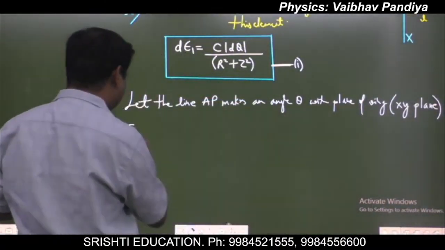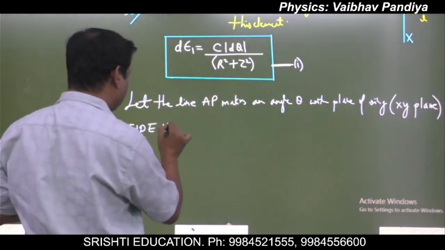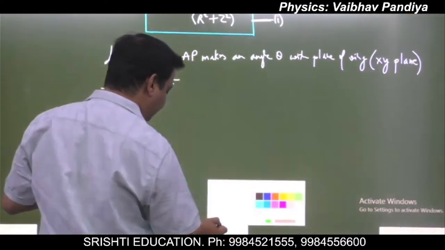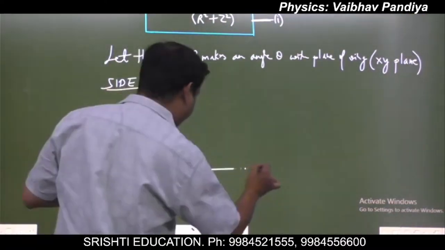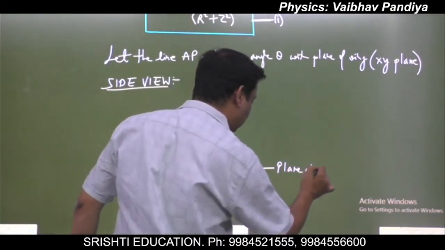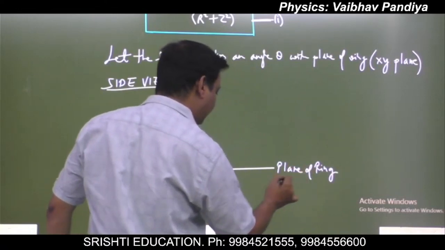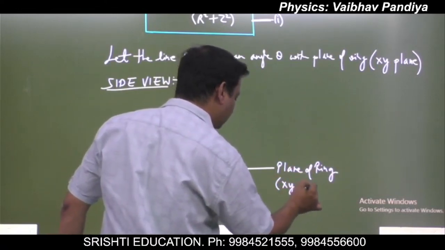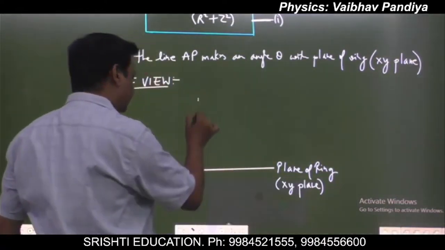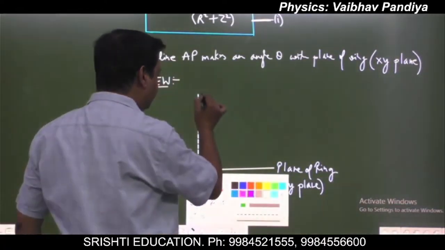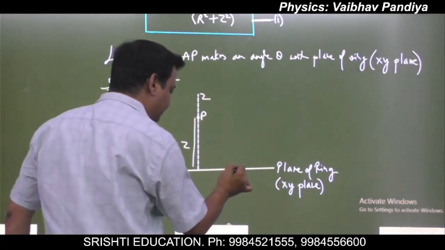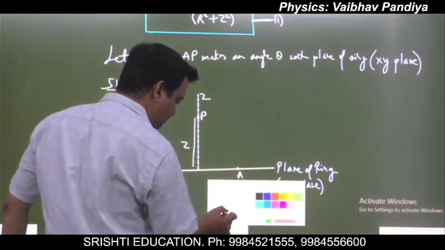Okay, if you want to see the side view, if I'm making the side view for clarity, suppose I'm representing the plane of the ring as a horizontal line. This is the plane of ring, that is XY plane, and this is your Z axis, and this is a point P at a distance of Z, and this is the element A, correct?